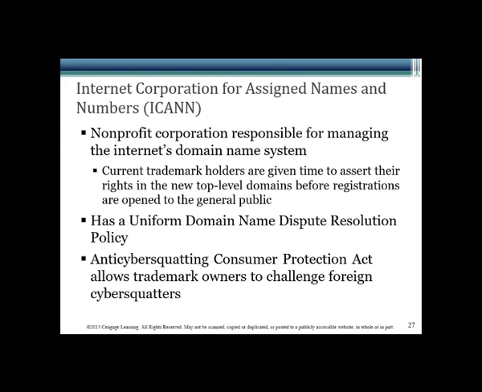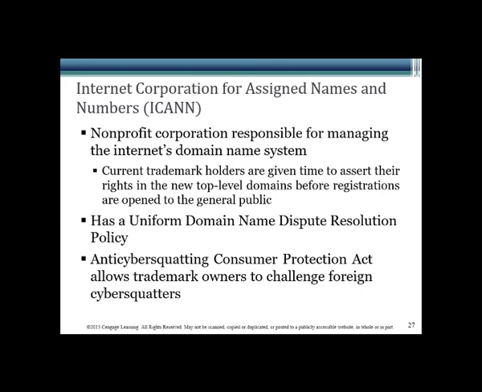Prior to 2000, 8 generic top-level domain names were in existence: .com, .edu, .gov, .int, .mil, .net, .org, and .arpa. In 2000, ICANN introduced 7 more: .aero, .biz, .coop, .info, .museum, .name, and .pro.